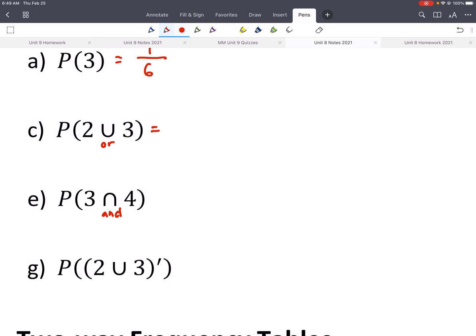So how many favorable outcomes are there? Well, 2 and 3, those are the outcomes that you want. So there's 2 of those. And the total possible outcomes, again, is still 6. So there's 2/6 or a third a chance of getting what you want.